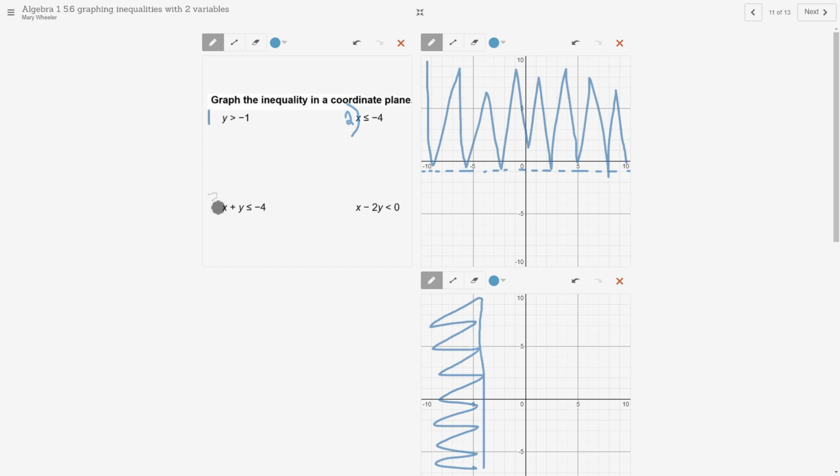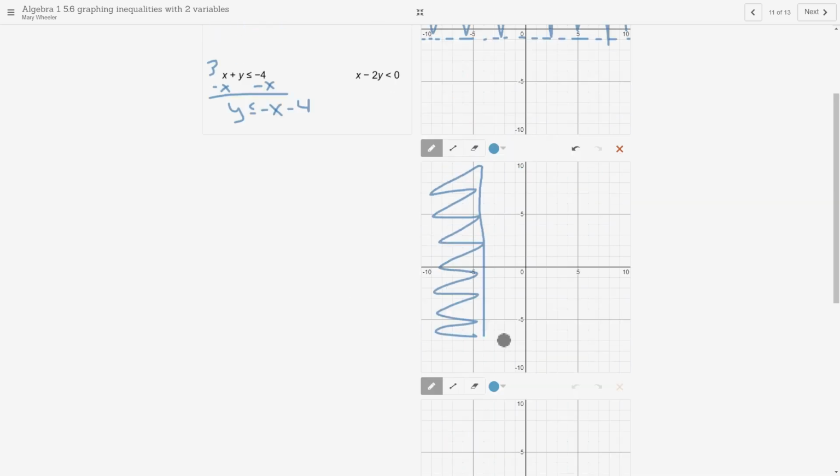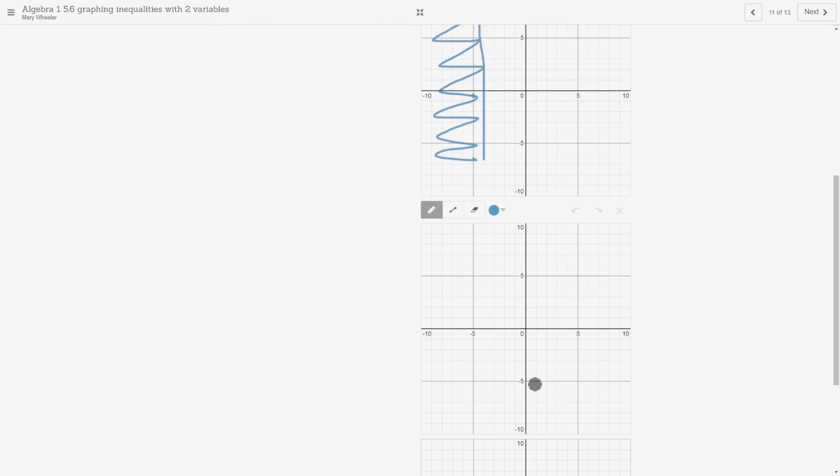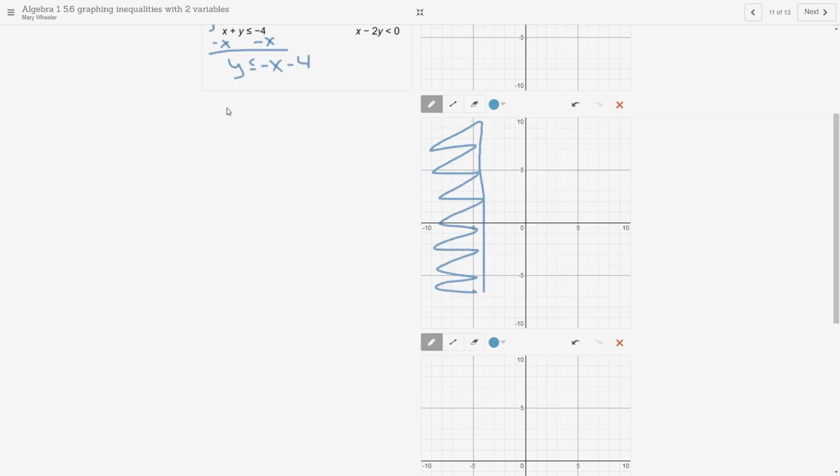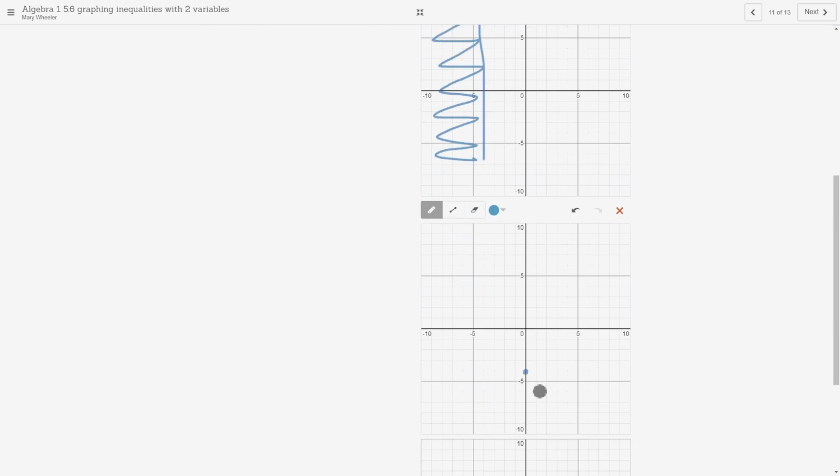On number 3, I would subtract x from both sides. And that's going to give me y is less than or equal to negative x minus 4. So my y-intercept is negative 4. My slope is -1, so I'm going to go down 1, right 1, and that's going to be a solid line.